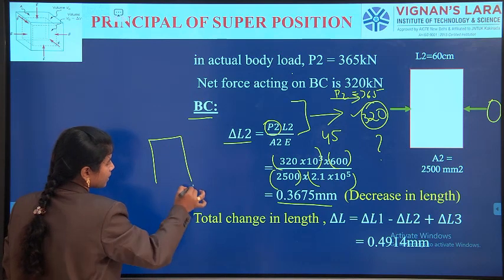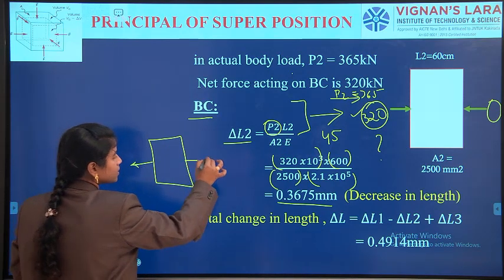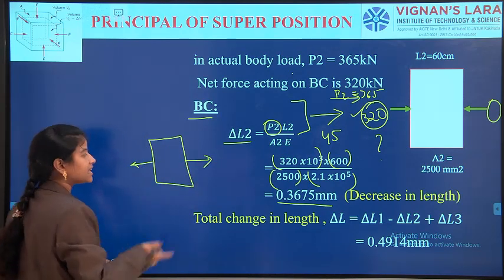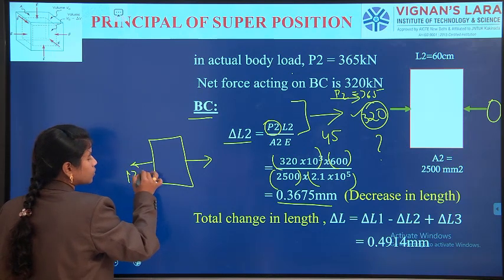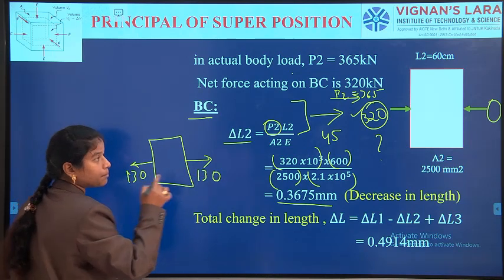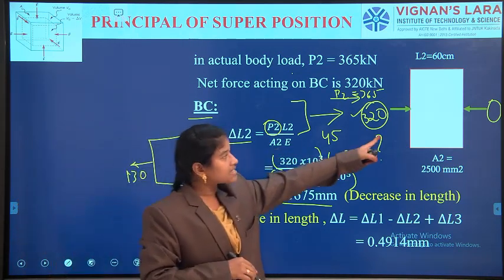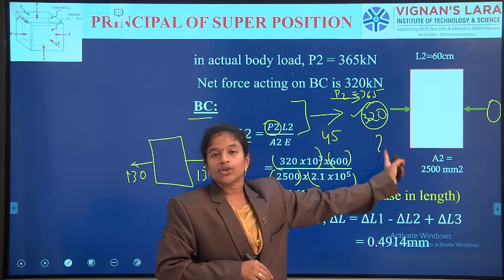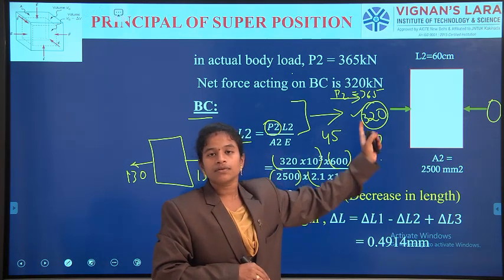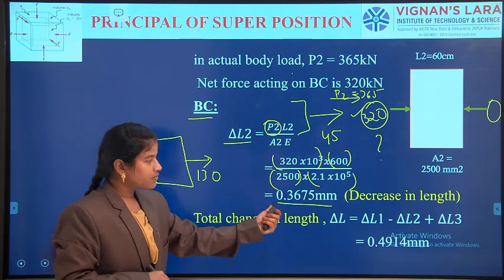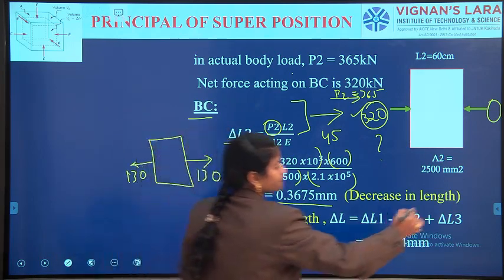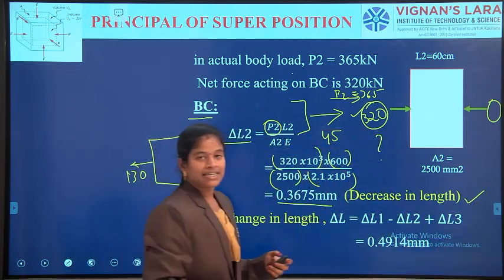Because the first segment has 45 kilonewton tensile. The third segment has 130 kilonewton tensile. But our second segment has 320 kilonewton compressive. So a 320 kilonewton compressive load is acting. That's why it will cause a decrease in the length.